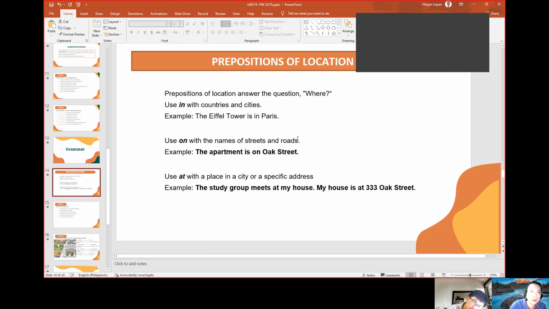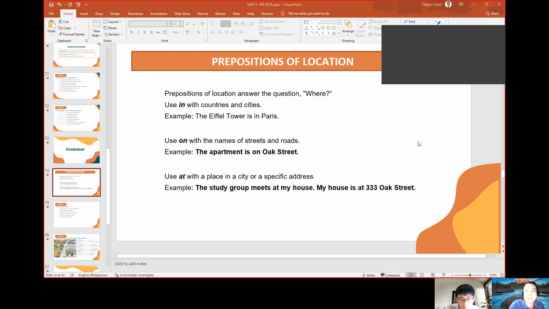So in our grammar, we're going to study the prepositions of location. When we say preposition, it's all about what? As, on, in, above, below, something like that.